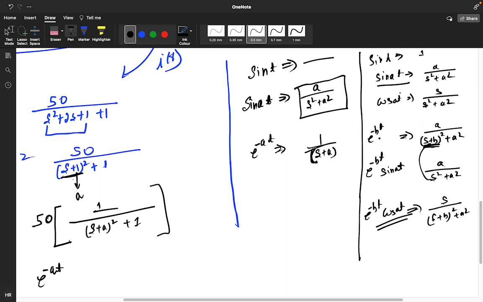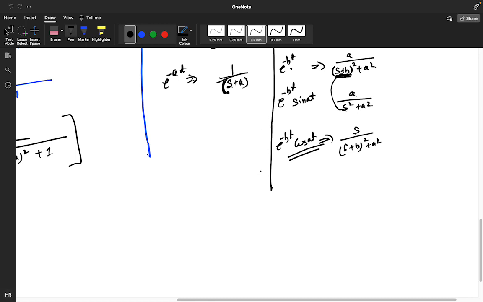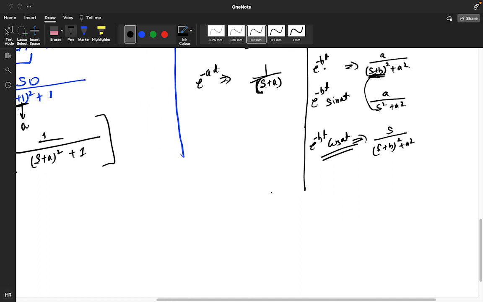But for now, just remember these things. Sine at is a divided by s square plus a square, cos at is s divided by s square plus a square, and if a delay function is coming, you get it like this. We will derive it when I teach you the Laplace transform, and then I will tell you how to get this kind of formula. But for now, just remember.